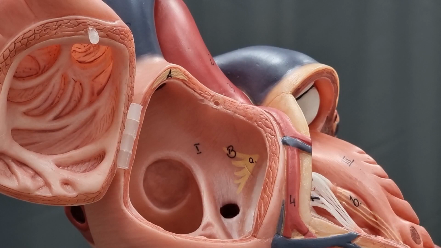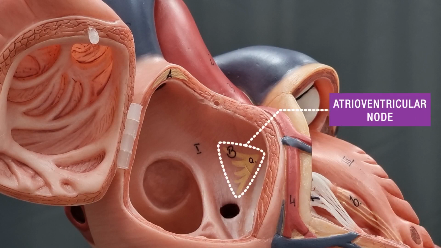Once the right atrium has been electrically excited, the wave of electrical excitation converges on the atrioventricular node, also known as the AV node. The AV node is located around where the coronary sinus empties into the right atrium. The AV node serves as an important site of conduction delay, typically around 120 milliseconds.